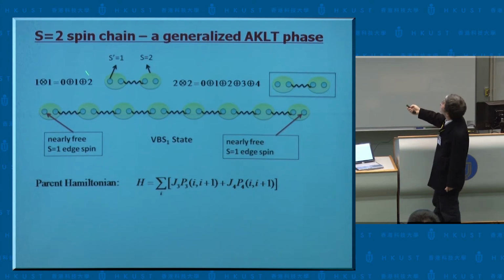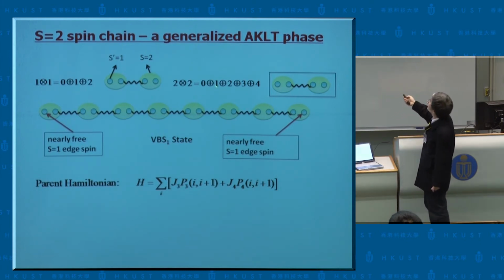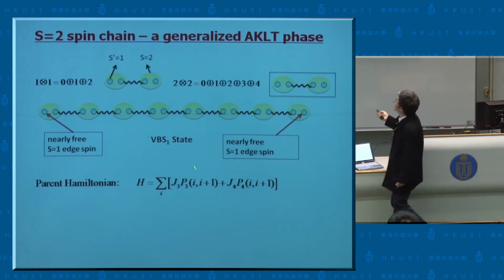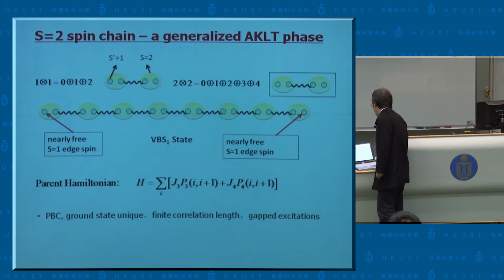But when you construct the ground state like this one, you leave the two spin 1 at the edge, and so the total spin 3 and 4 doesn't appear. So that gives you this parent Hamiltonian.